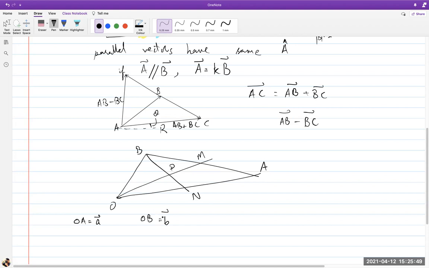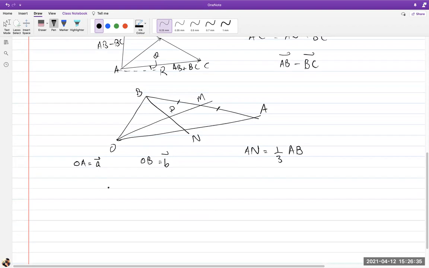Then M is the midpoint of AB and N is the midpoint of OA. Sorry, it's saying N is in a way that ON is 1/3 of AB. So you don't really know if it is indeed half or not. We just know this thing. Okay. So now try to figure out what OP is.